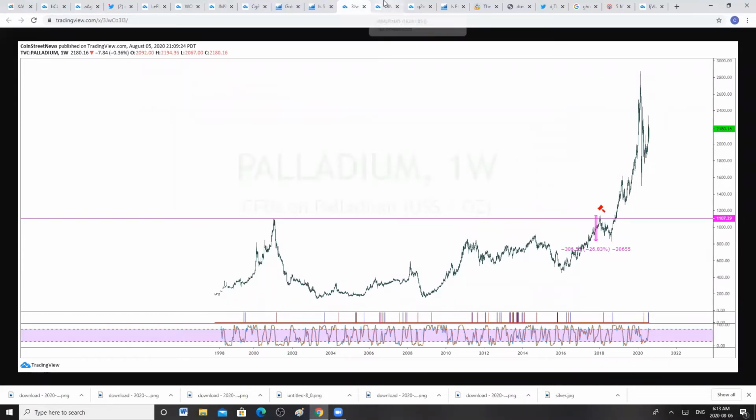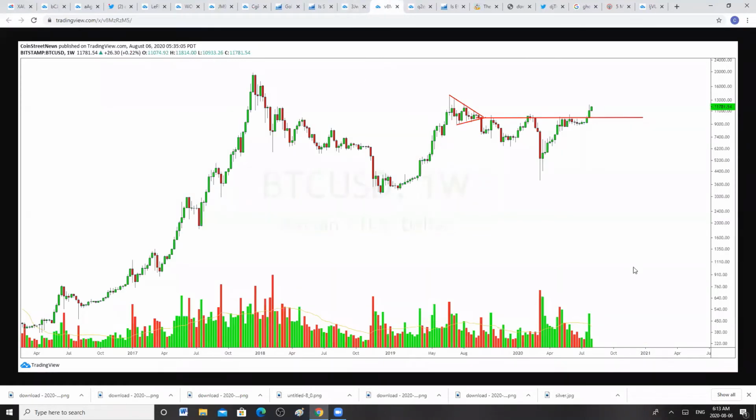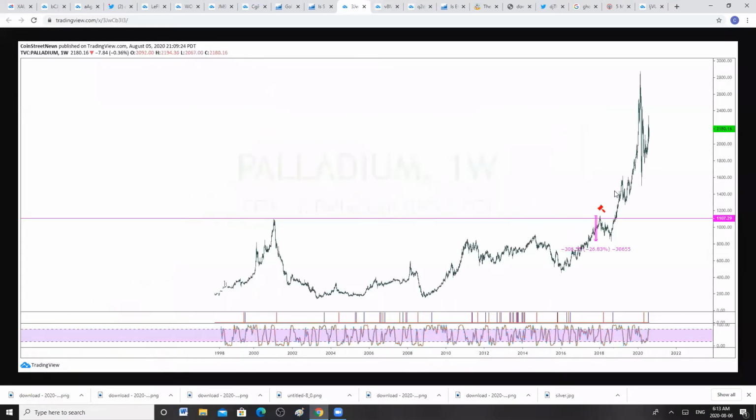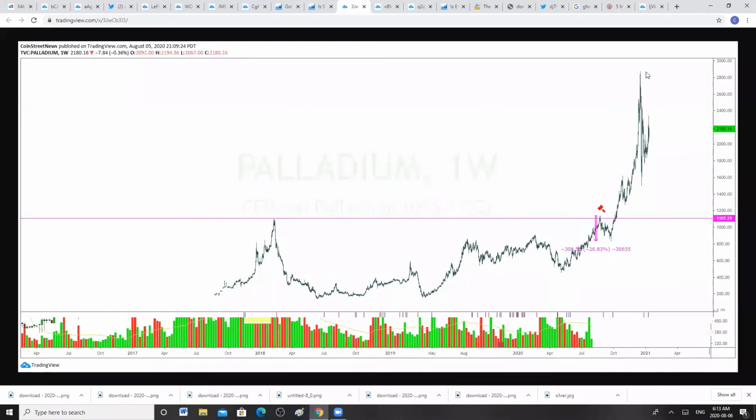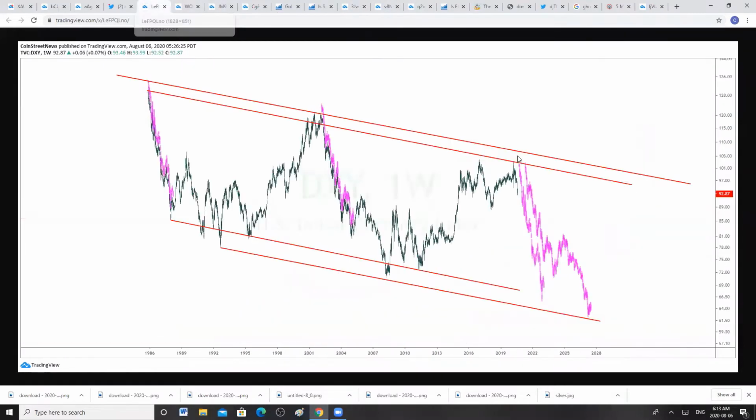So I don't think a pullback would be a bad thing for gold. The general economic environment, with how coronavirus is changing things, has changed things drastically. So to see gold pull back and then keep going wouldn't be a shocker.